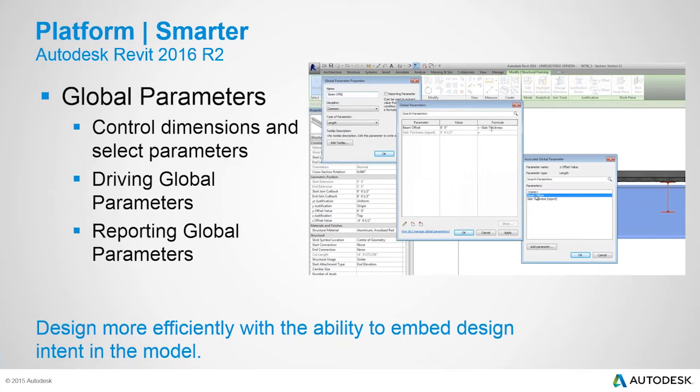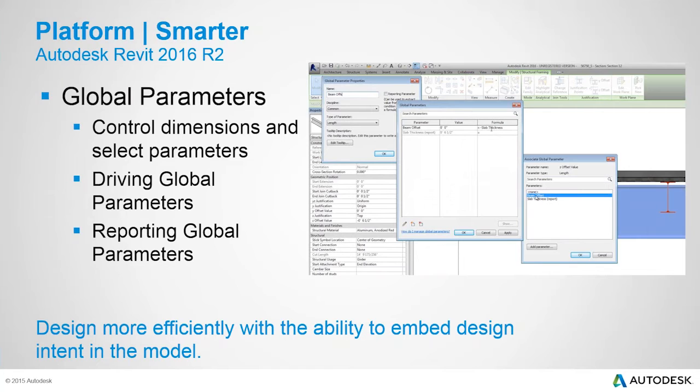With these global parameters, we'll be able to use equality dimensions to constrain your dimensions. You can use the global parameters also to automate the positioning of one element based upon the size of another. So that's nice. Global parameters also enable you to capture formulaic relationships directly inside the model.